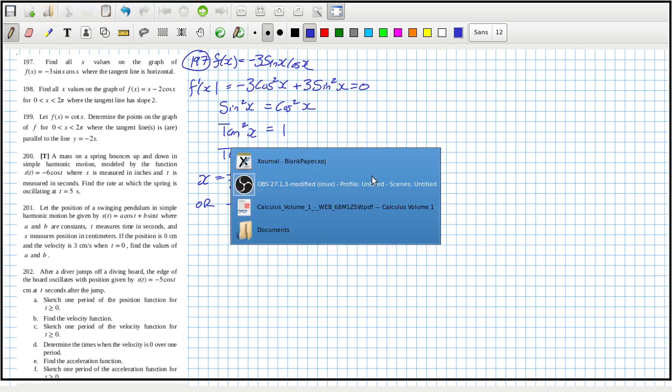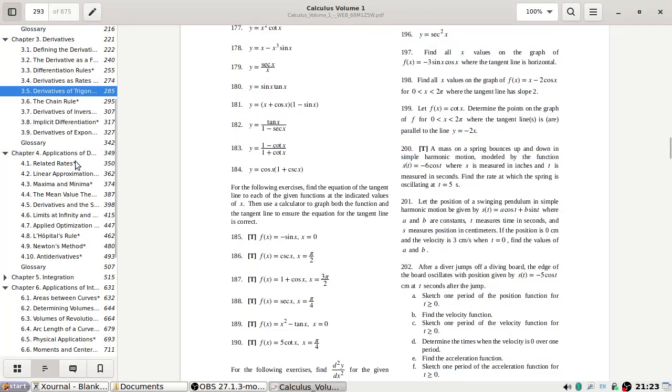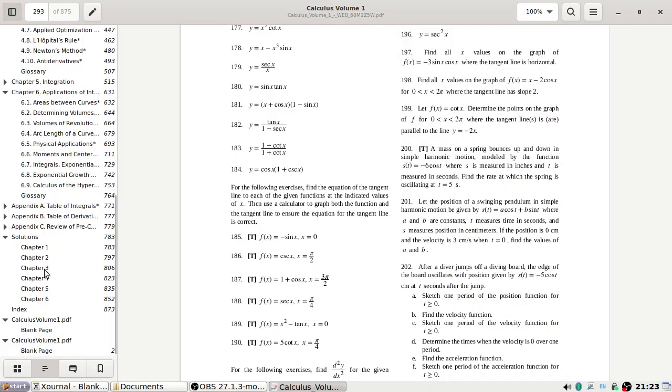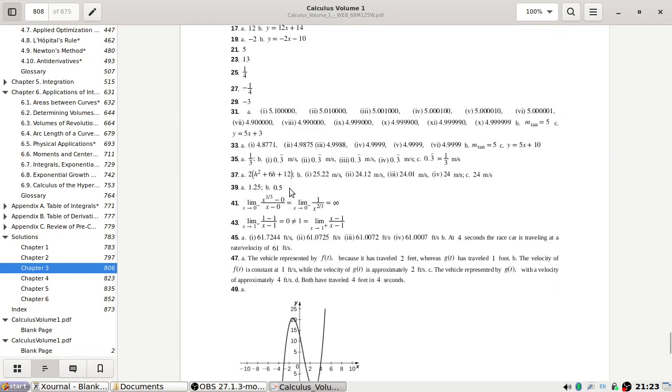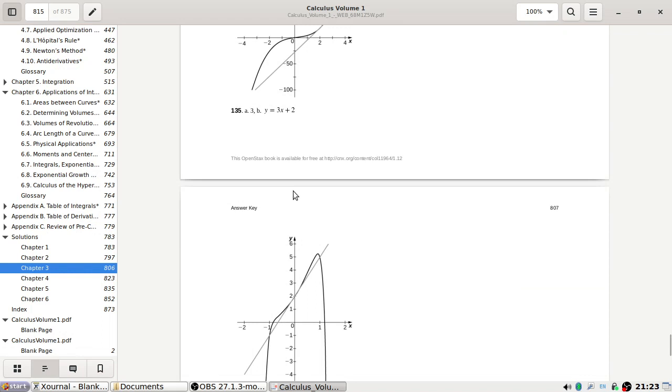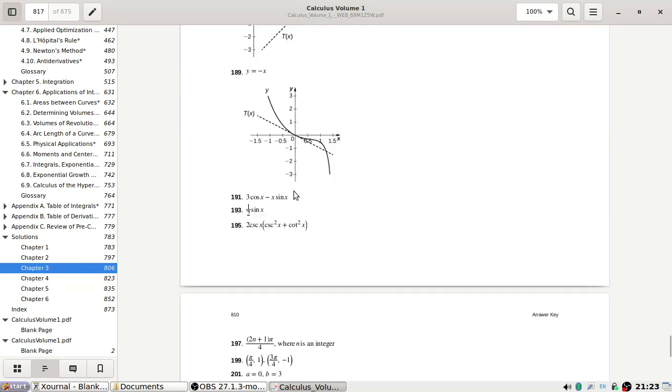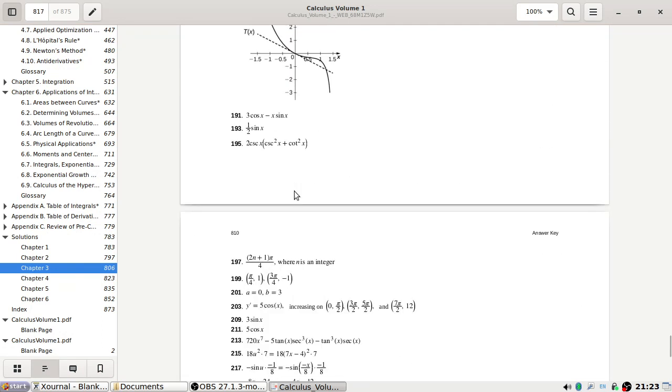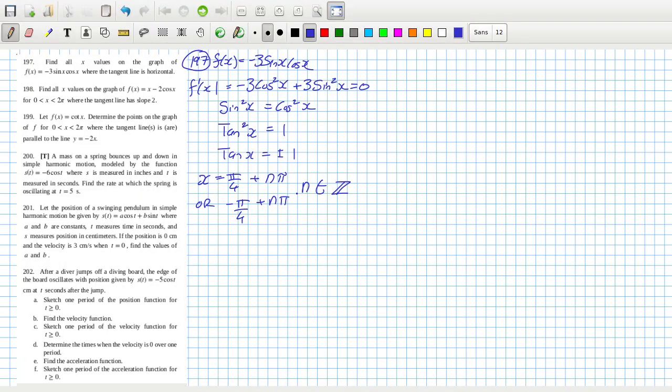Let's check the answer at the back actually for it. I wonder if they really do mean all of them. 197. They clean it up into 1.